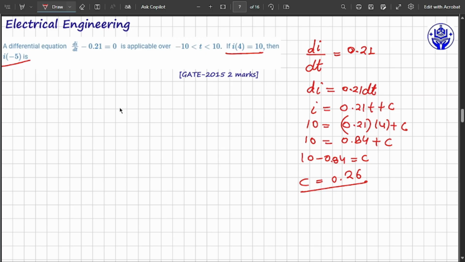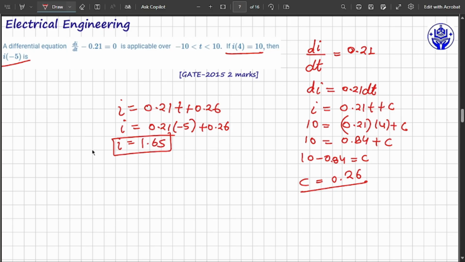So my I = 0.21t + 0.26, and I = 0.21 into minus 5 plus 0.26. If I multiply this, then I will get 1.65 as the correct answer.